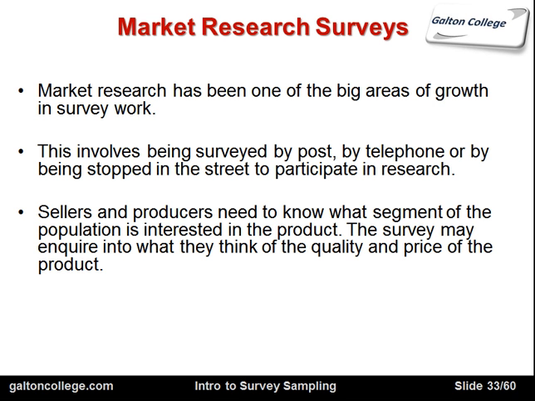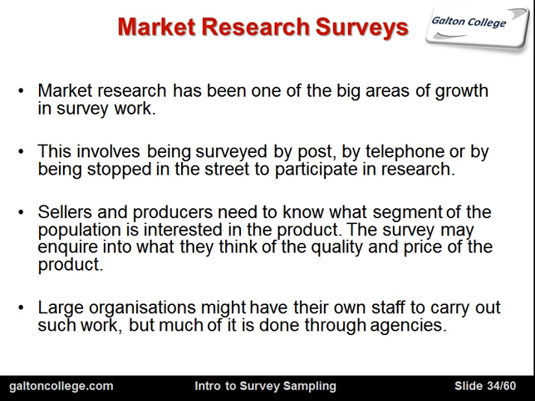How do customers see it? Large organizations might have their own staff to carry out such work, but increasingly more and more of it is being done through specialized agencies who take on the work to conduct the survey on behalf of industrial clients.